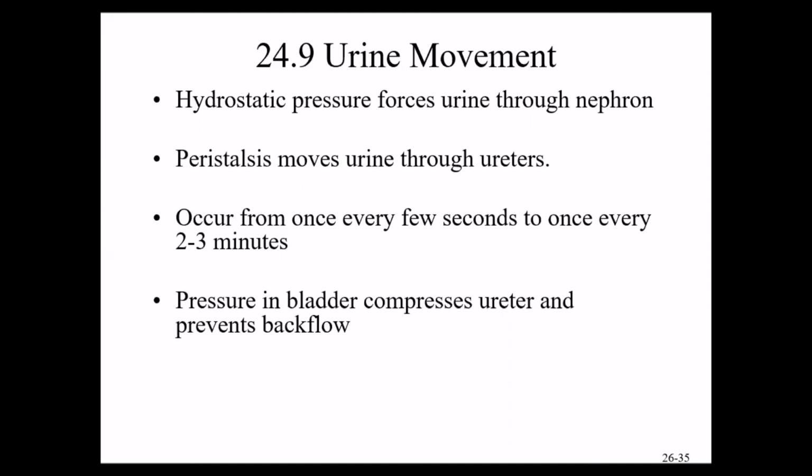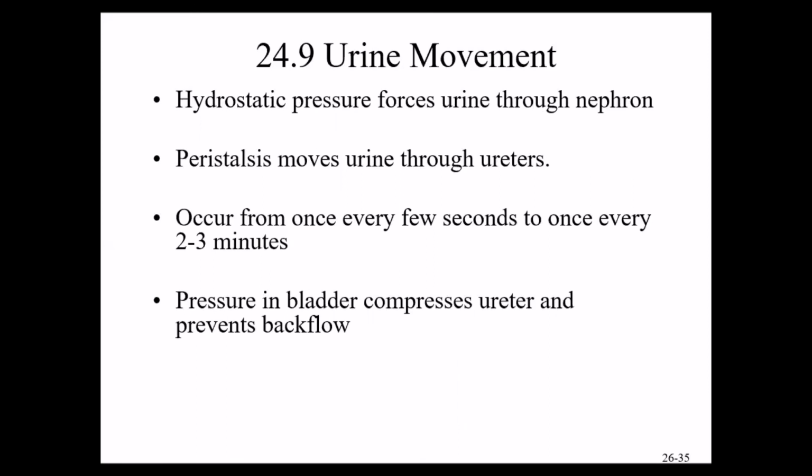Once the urine is produced and it leaves the kidneys, it's going to go into the ureters. Well, these are muscular tubes that help in the process of urine movement through the process of peristalsis. Peristalsis is the same type of contraction movement that we talked about when we looked at the esophagus and the digestive tract.